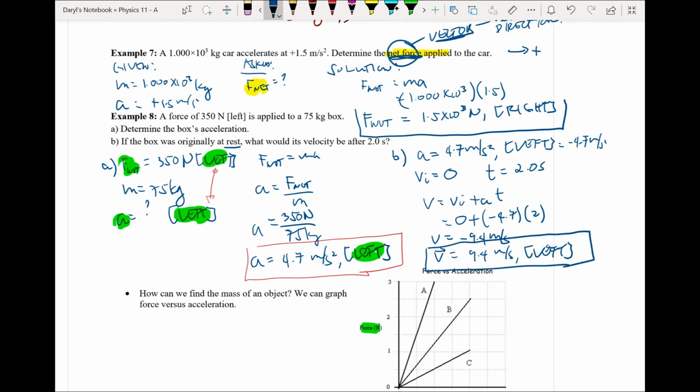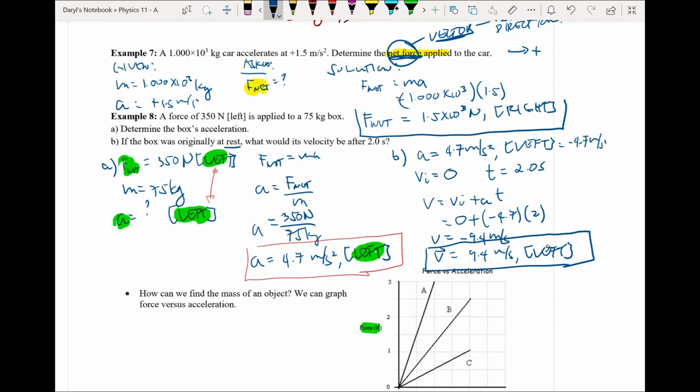So this is the case wherein letter B is a kinematics problem because velocity is a kinematics quantity. But since acceleration is part of Newton's second law, you can use that information.